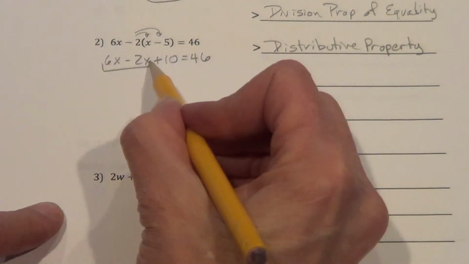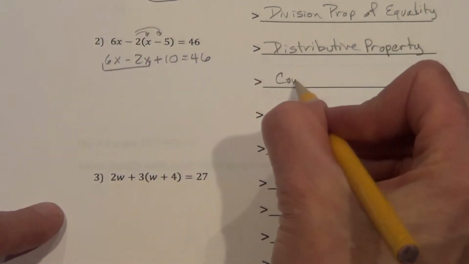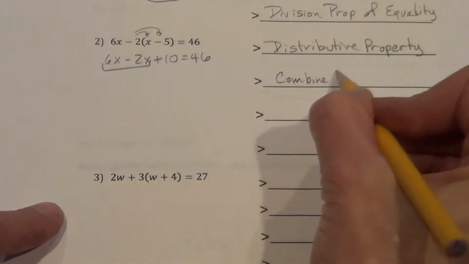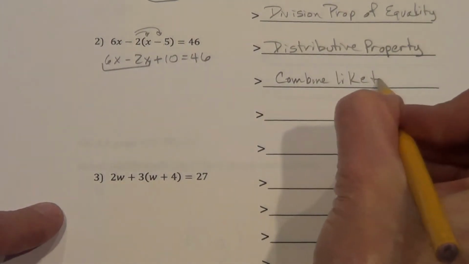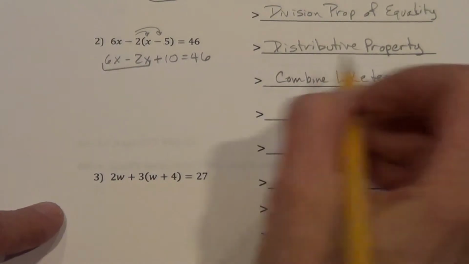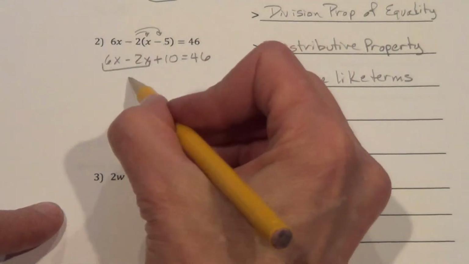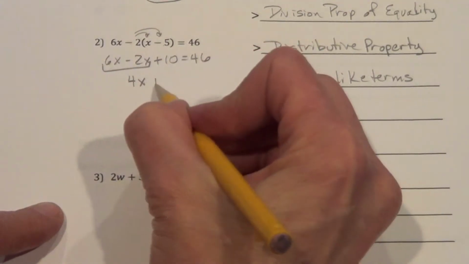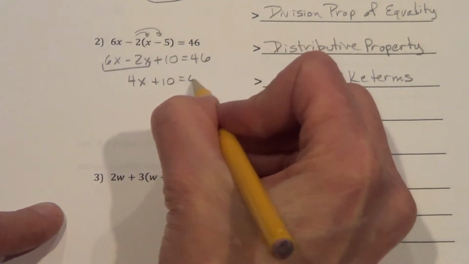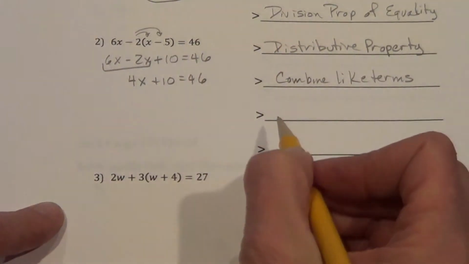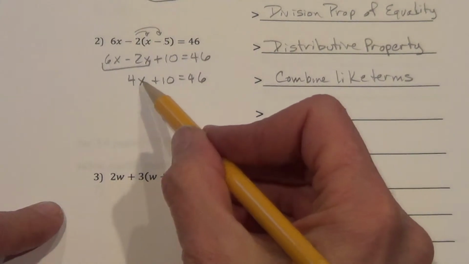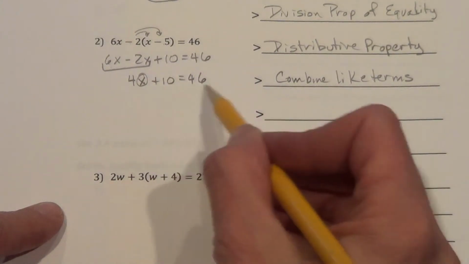Now we can combine like terms. That would be 6 minus 2 is 4x plus 10 equals 46. Now we've got one creepy dude. We've got our teeter-totter.